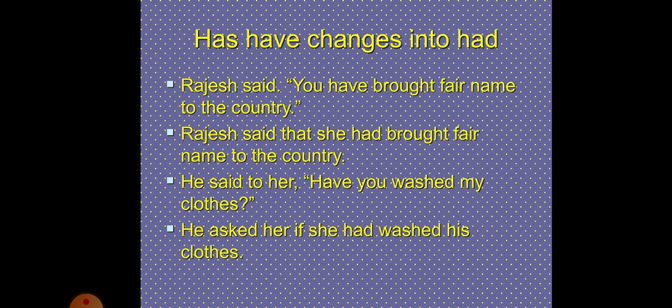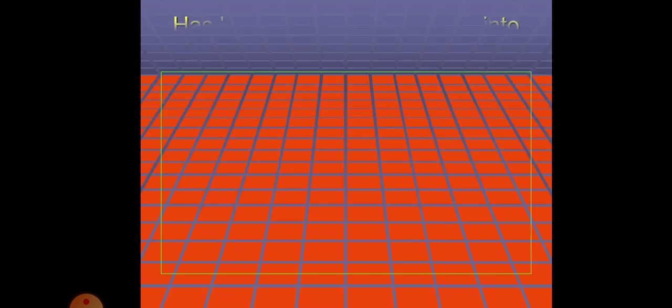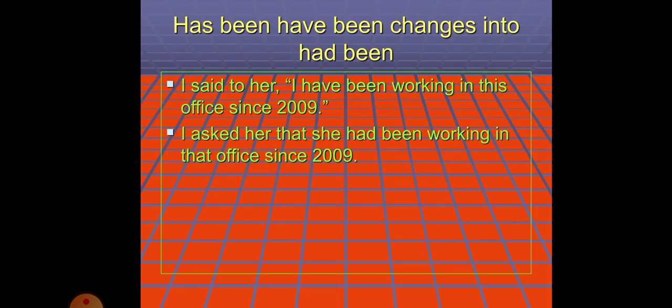But when the sentence begins with helping verb, has, have, is, are, was, were, do, does, did, then you have to use if or whether for joining reporting verb as well as reported speech. So that is why here, he asked her if she had washed his clothes, I have used if. You can also use whether.